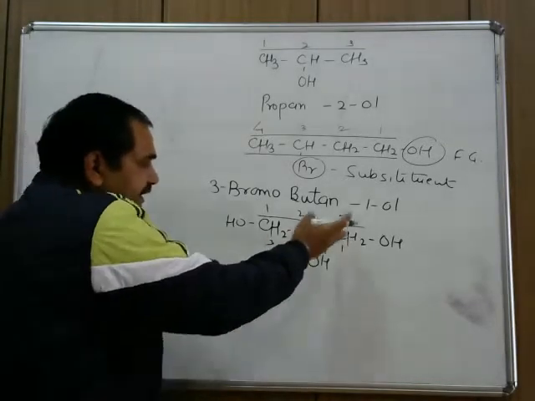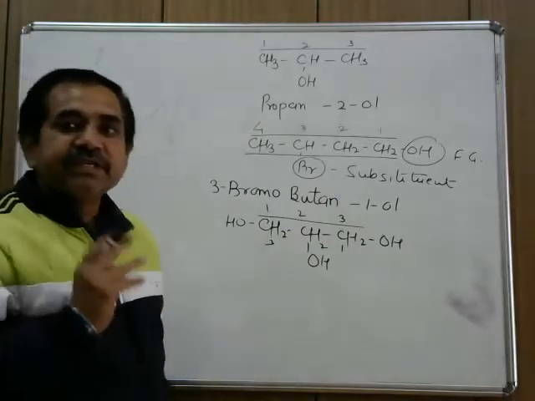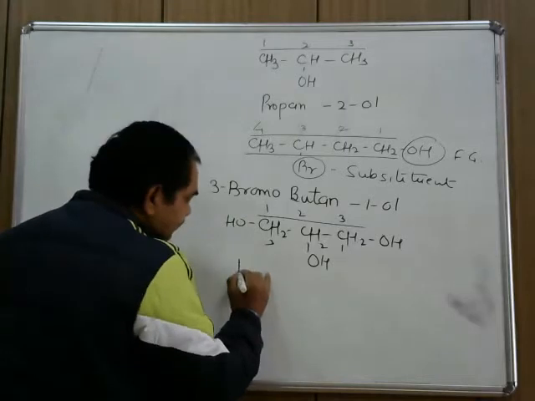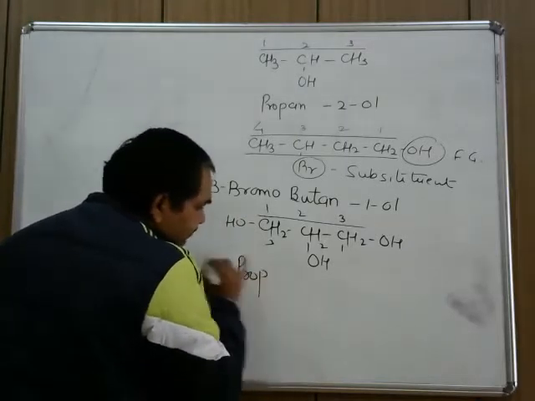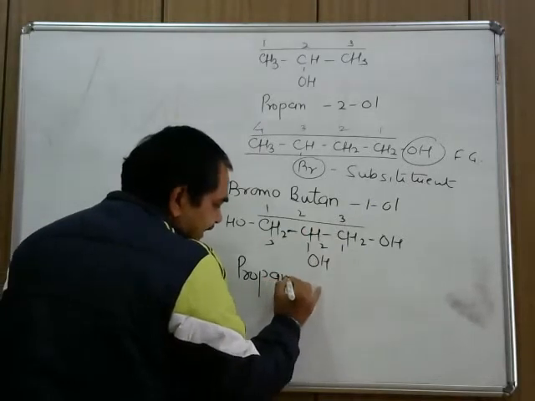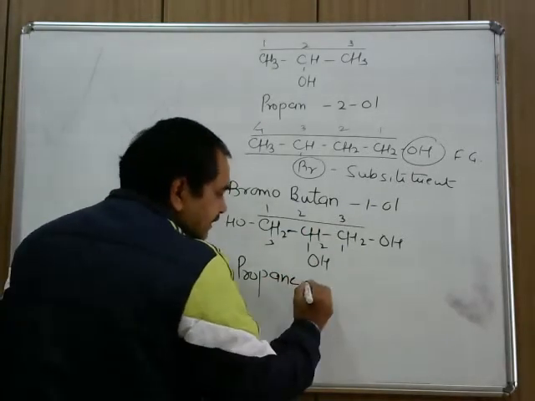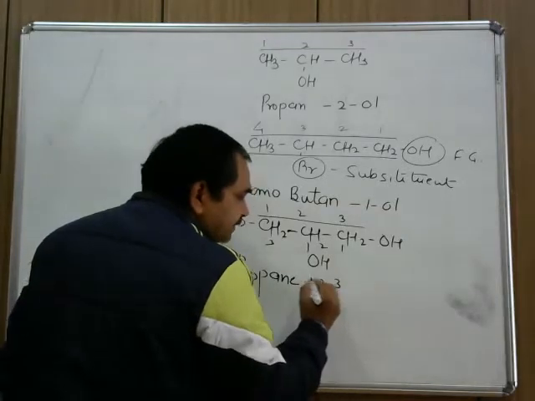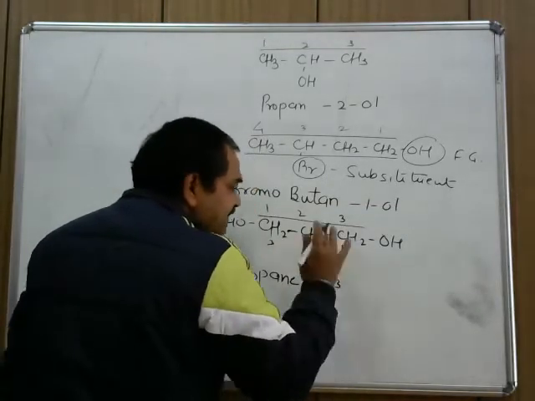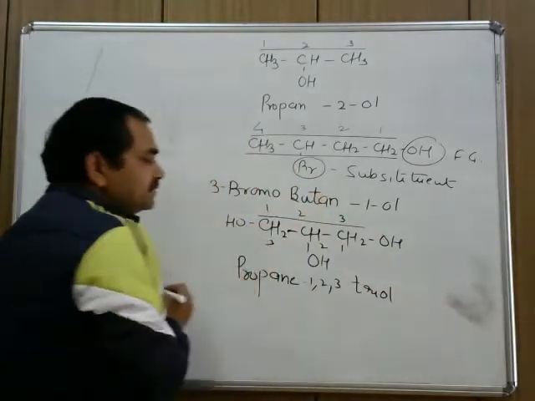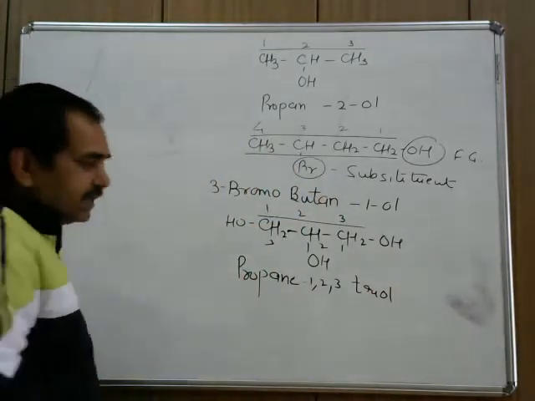There is no substituent, so we start naming with the root word, which is prop, then single bonds, ane, then 1, 2, 3, and since there are 3 OH groups, we write triol.